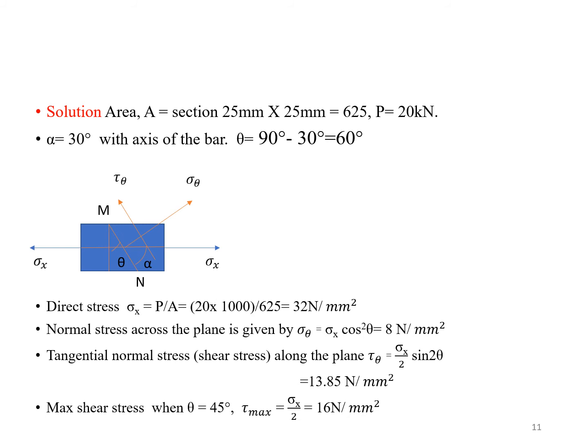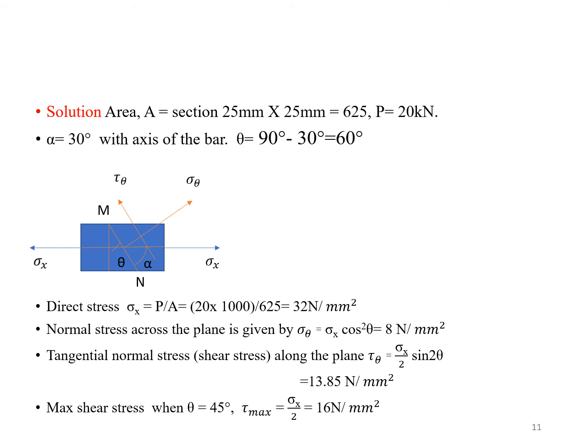So normal stress across the plane is given by sigma theta equal to sigma x cos square theta. If you substitute sigma x and theta equal to 60 degrees, you get 8 Newton per millimeter square. Similarly, shear stress along the plane Mn is given by tau theta equal to sigma x by 2 sin 2 theta.